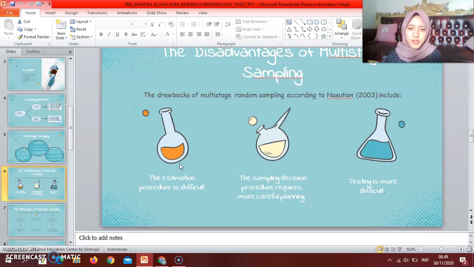Second, the sampling decisions require more careful planning, because there are some stages we must plan carefully so that we avoid errors in doing research. And third, testing is more difficult because multistage sampling has several stages, so testing might be difficult.